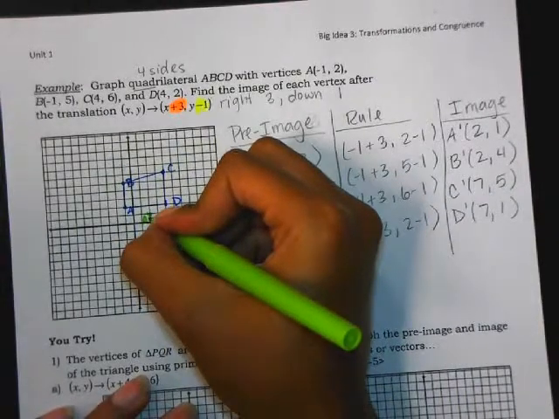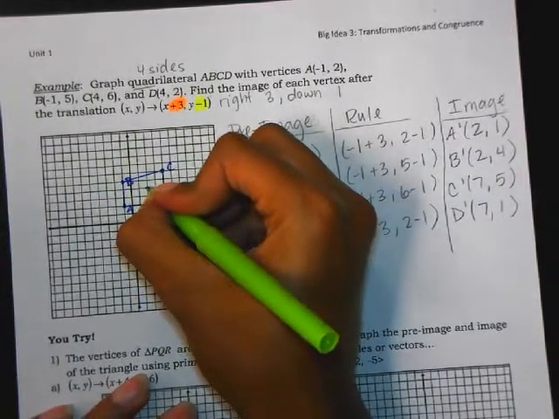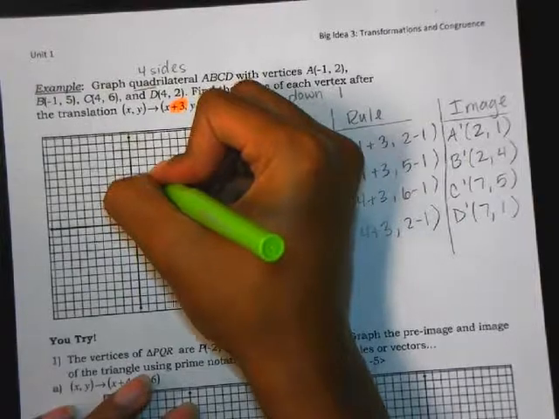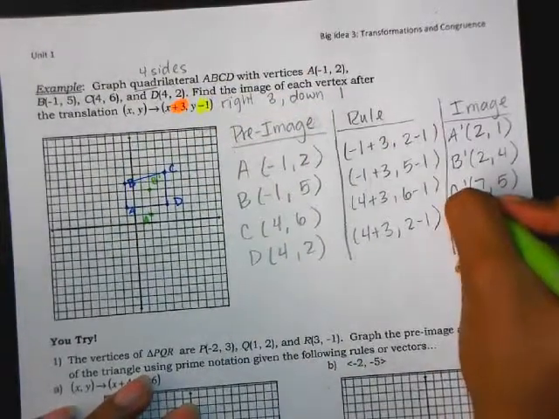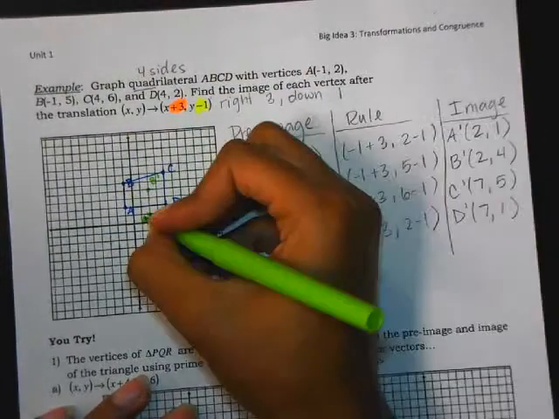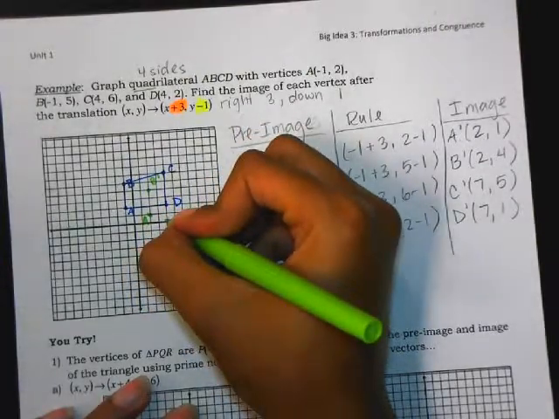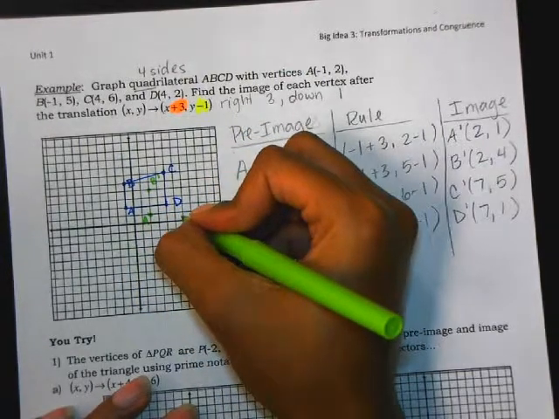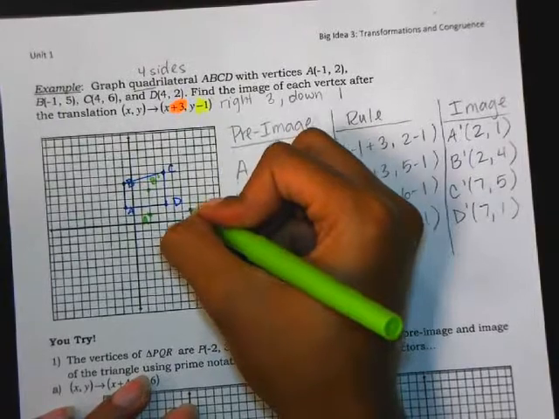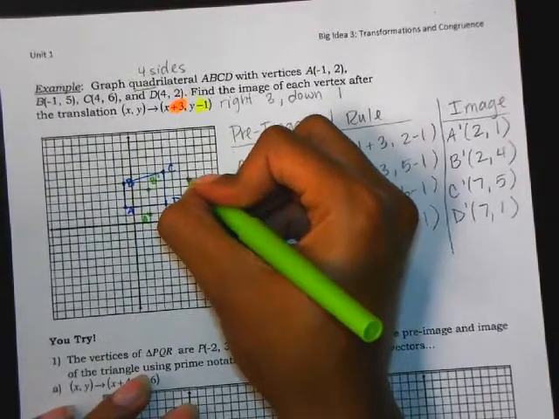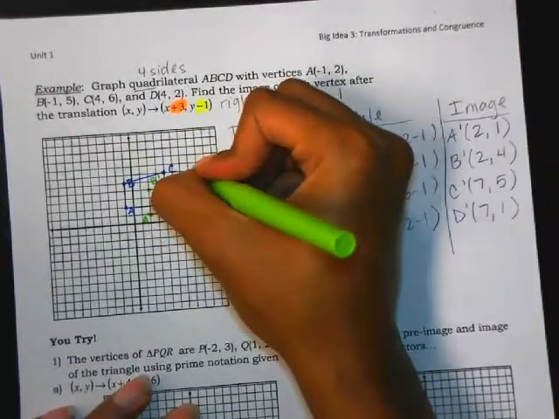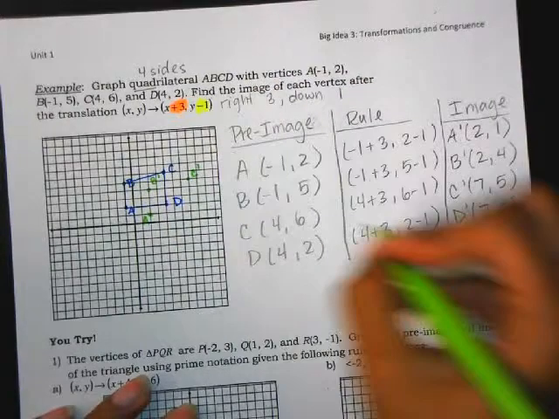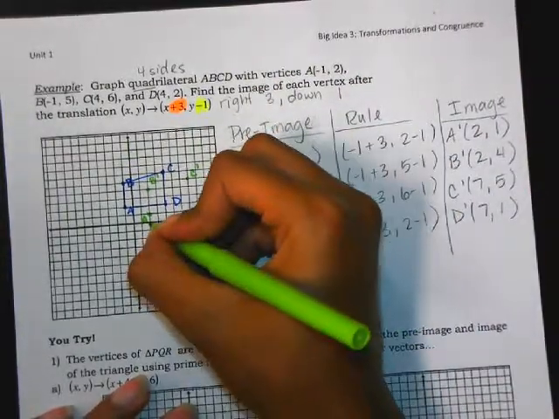C is going to be at 7, 5. Okay, so that's C prime. And then D prime is going to go at 7, 1. There's D prime.